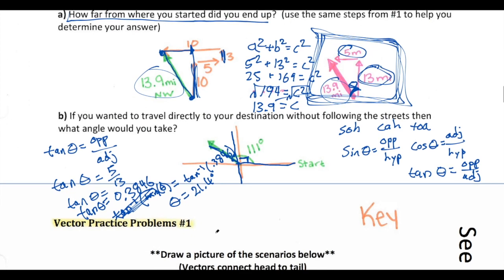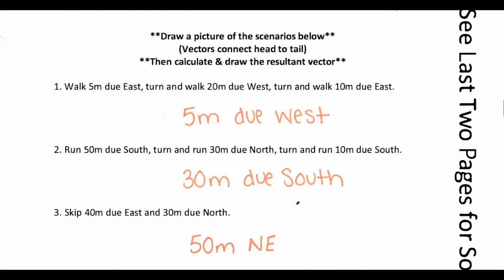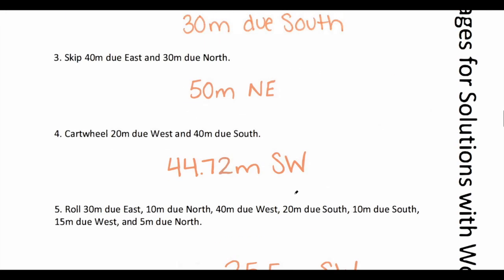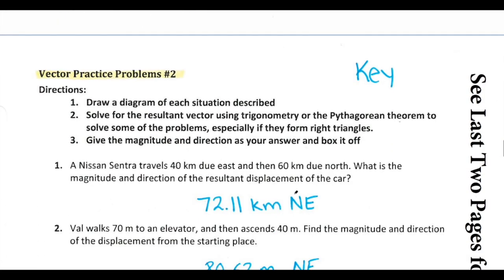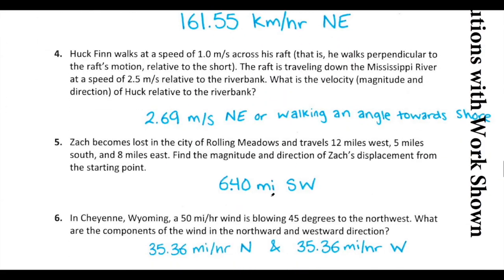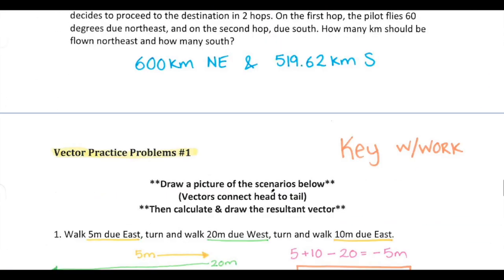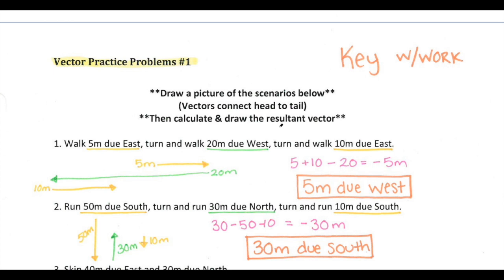Okay? I'm going to skip these next couple of pages because it doesn't have any of the work shown. In the answer key, you have it exactly like this. All right, I'm doing the videos directly off the answer keys. So I'm going to go down to pages 5 and 6, which are a repeat of those two pages that we just skipped, except now they have the work shown.